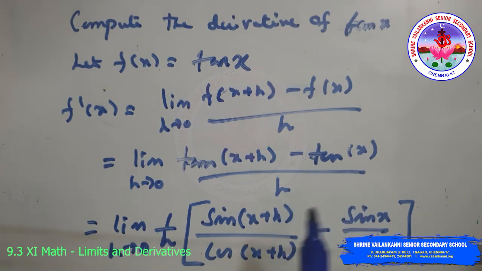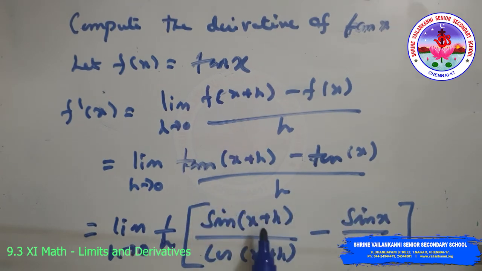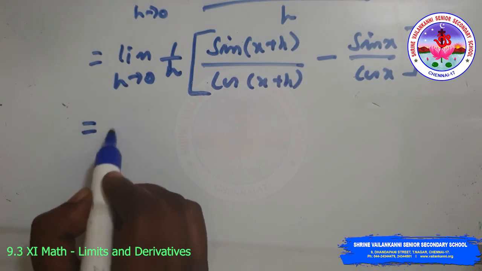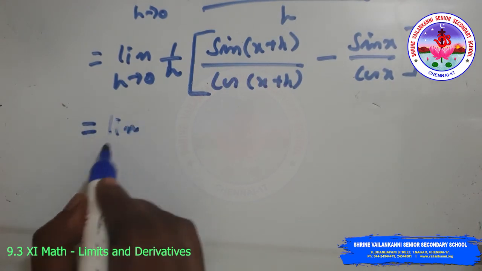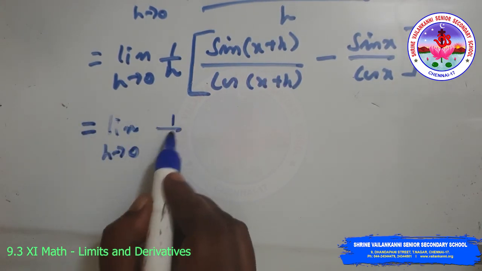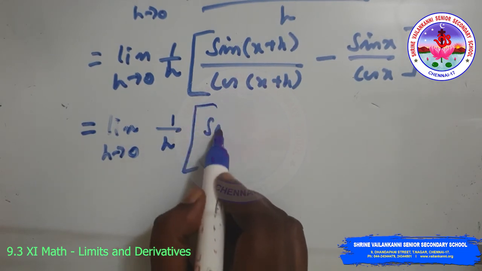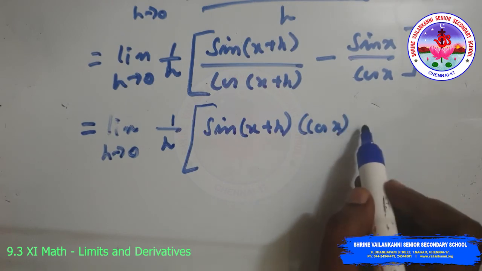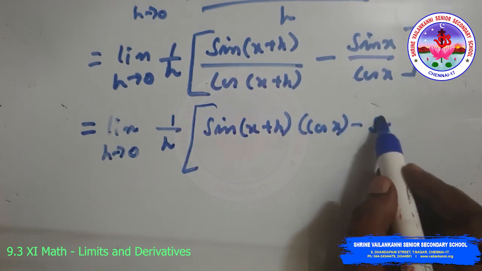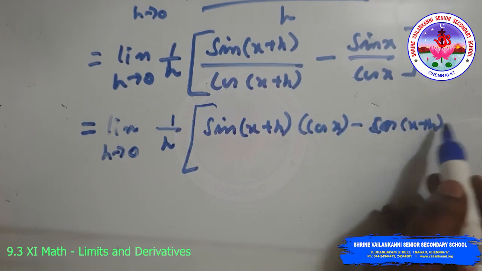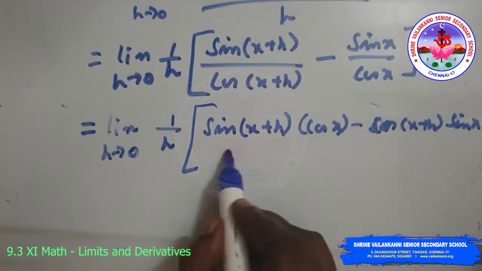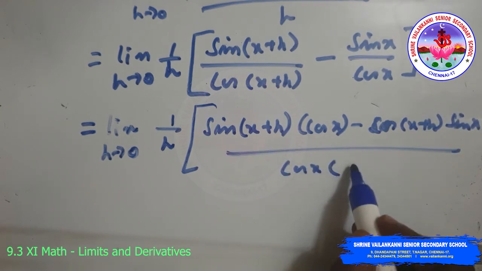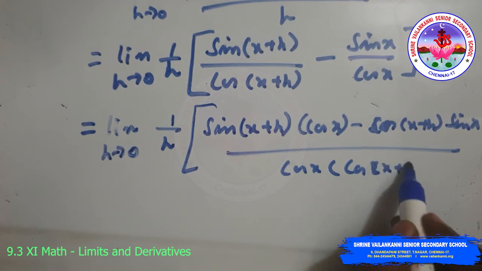Tan x is sin by cos, so sin of x plus h by cos of x plus h minus sin x by cos x. From this we get limit h tends to 0 of 1 by h times sin of x plus h into cos x minus cos of x plus h into sin x, all divided by cos x into cos of x plus h.